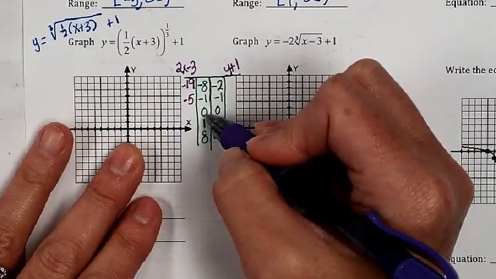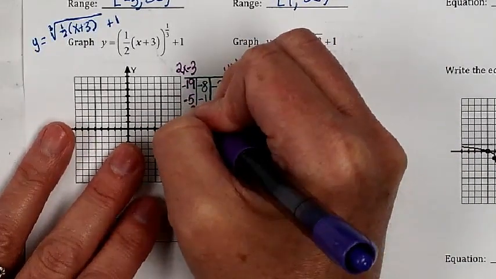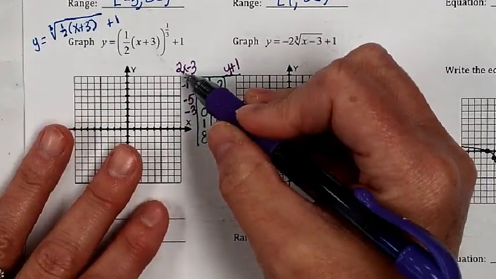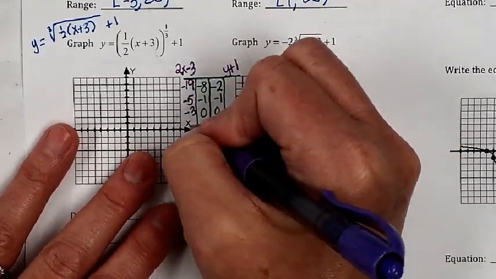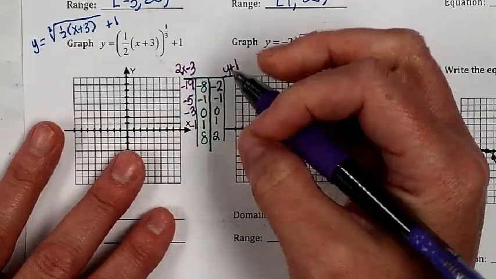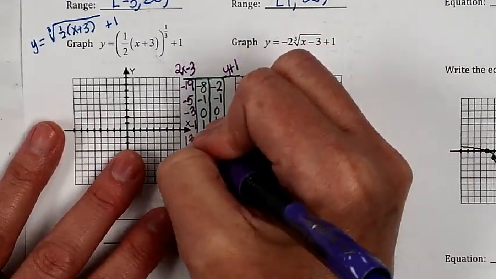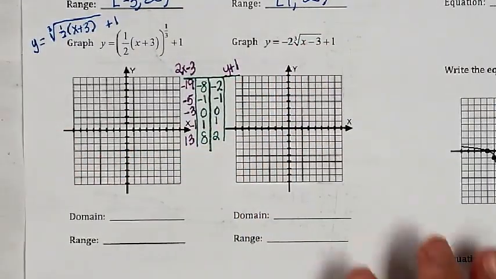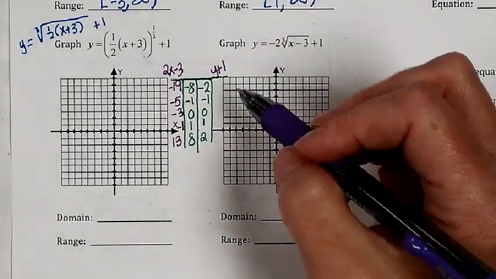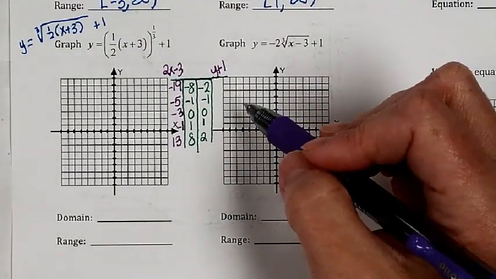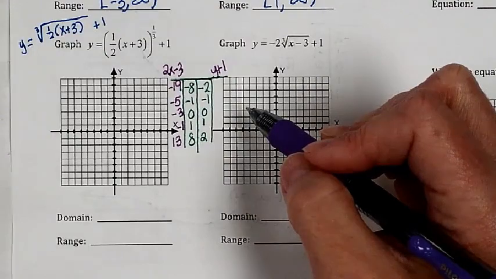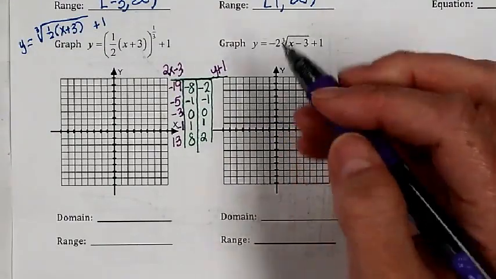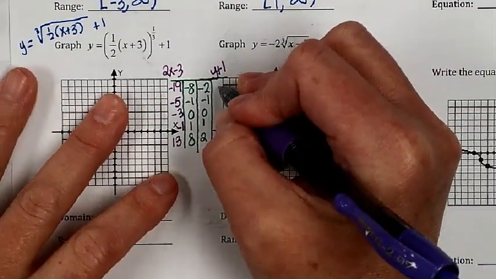Then 1, 2 times 1 is 2, minus 3 is -1. Now for the y's, we're going to add 1. So -2 plus 1 is -1, and then 0, 1, 2, and 3.